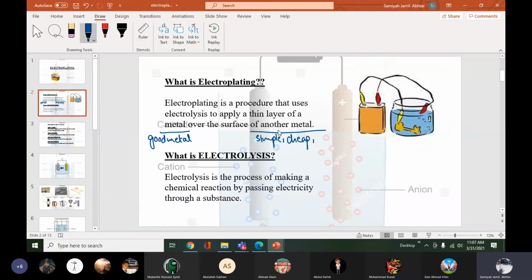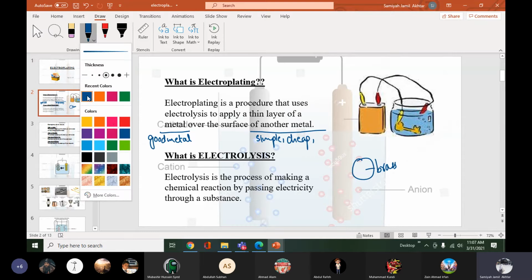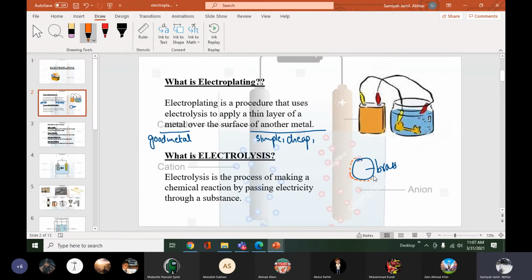For example, if we have a coin made of brass and we coat it with chromium, like a chrome plated coin, then the good metal is chromium and the other metal is brass. We do this with the help of electrolysis, covering one metal on top of the other metal.